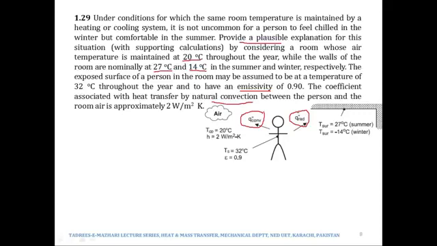So the total heat loss from that person's body would be via convection and radiation. Convection would be hA delta T, and radiation would be sigma epsilon A (T1^4 minus T2^4), or Ts^4 minus T surrounding^4. By all means you can put over here the temperature of walls.